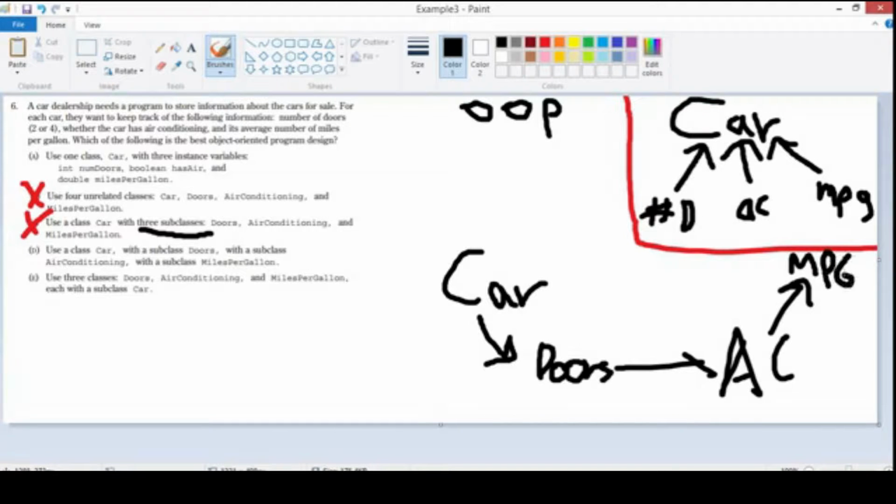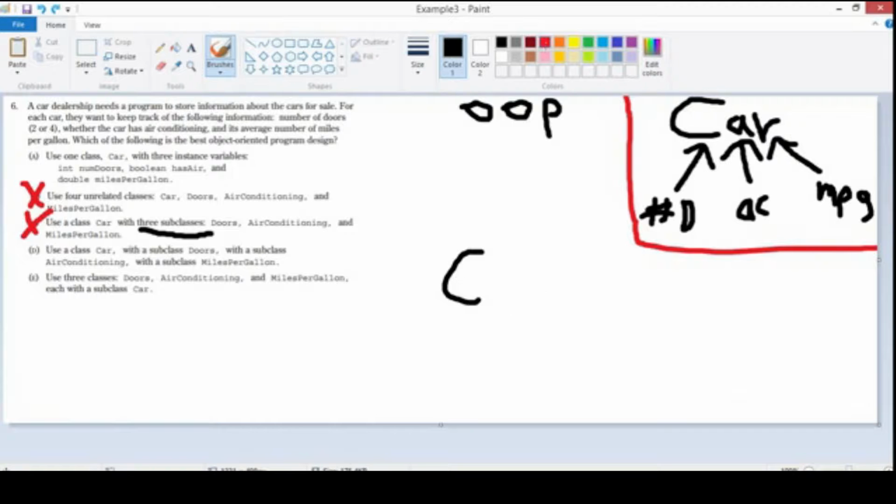Is it that we're using car to make a door, which is then used to make an air conditioning unit to make a miles per gallon? What is that even about? That makes no sense at all. We can know for certain that we are not going to select C. Like, that's just silly. I mean, D. Well, we weren't selecting C either, but yeah.